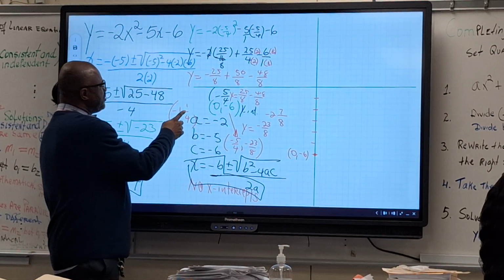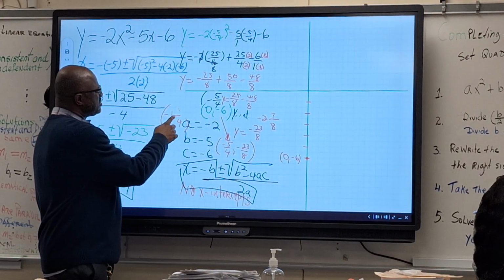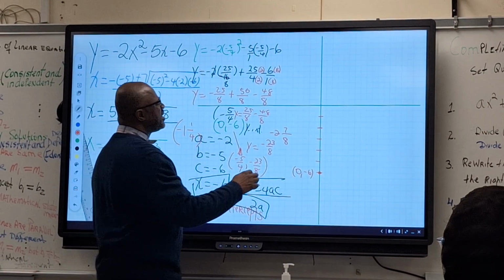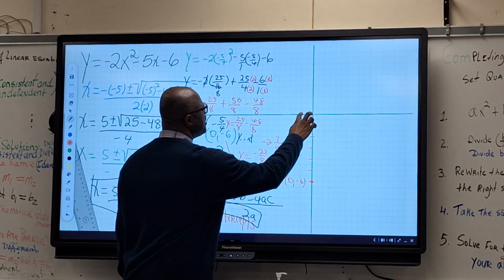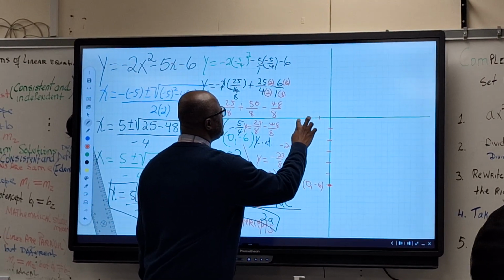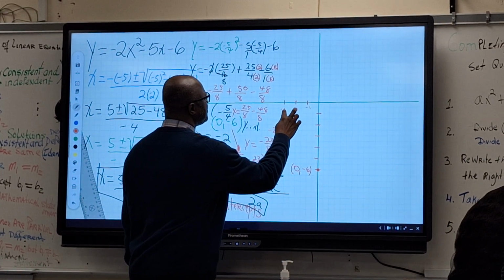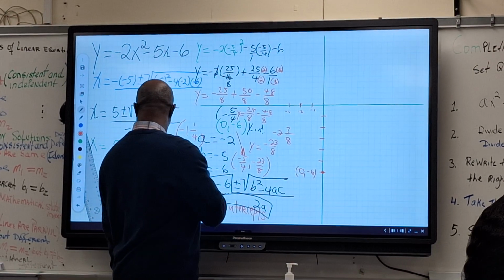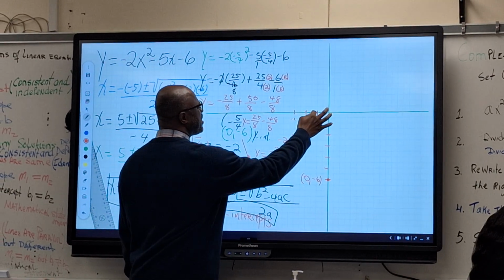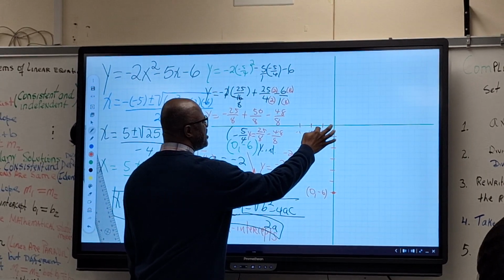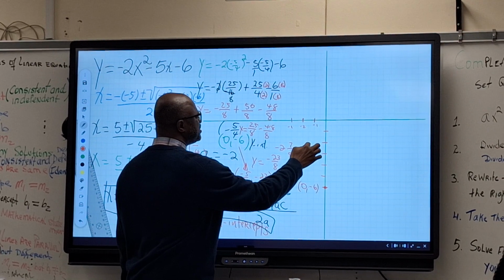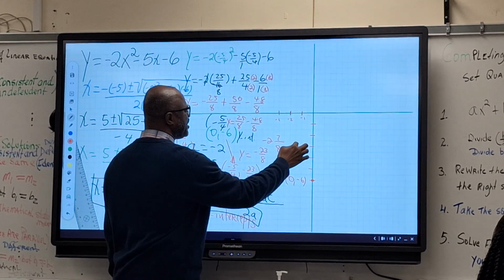I need to go at least 1 unit to the left. This is 1 unit, 2 units, 3 units, but those are negative. Negative 1 1/4 is probably somewhere down there, and go down as what? Negative 2, close to 3, right?